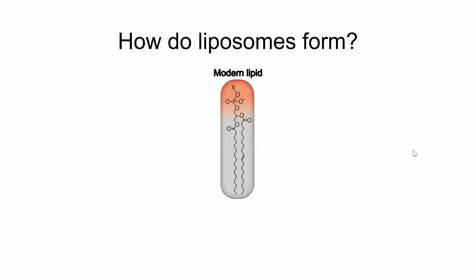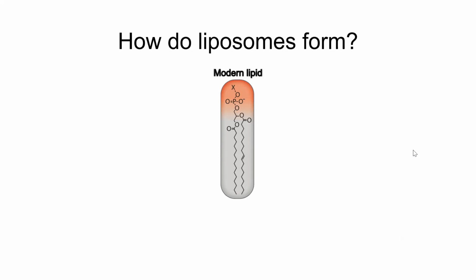So how do we form liposomes? Well, what happens in modern cells is that modern cells have, as I mentioned before, their boundary is what's called a cellular membrane. And cellular membranes are made of a large variety of molecules. The most common ones are lipids. So again, you might have heard different words to refer exactly to the same kind of chemical.